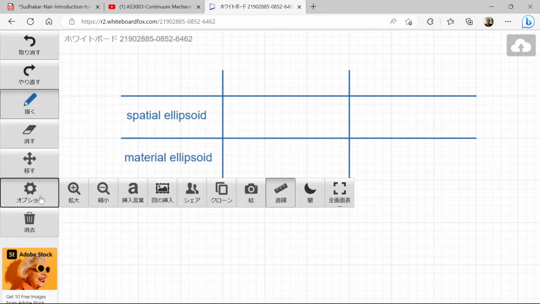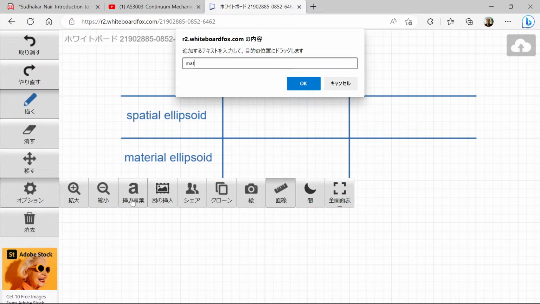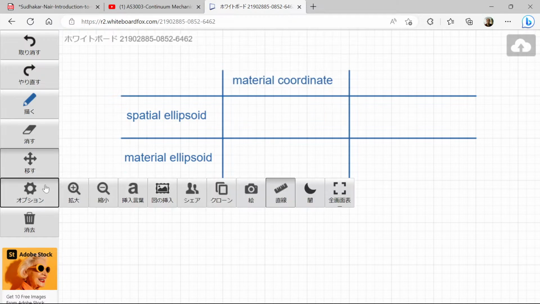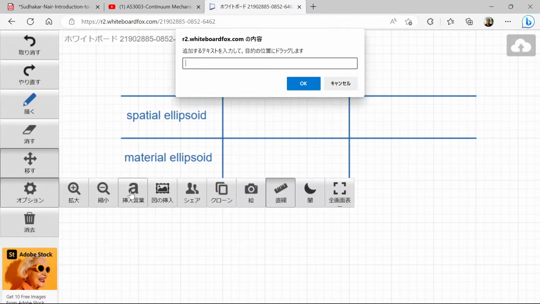And we have material coordinate, and spatial coordinate.